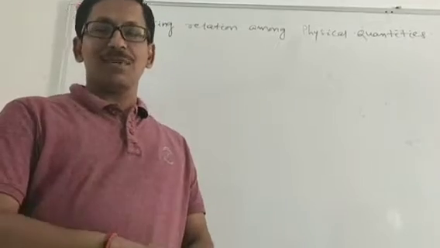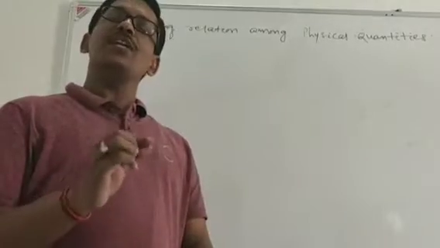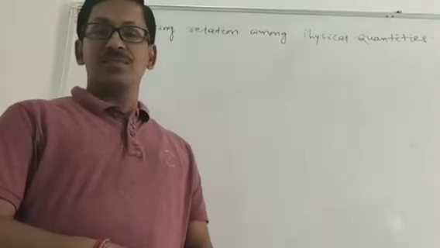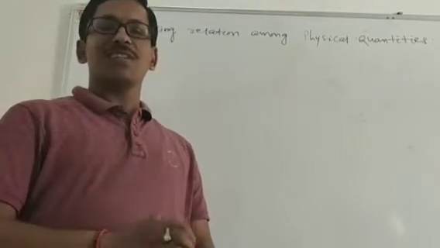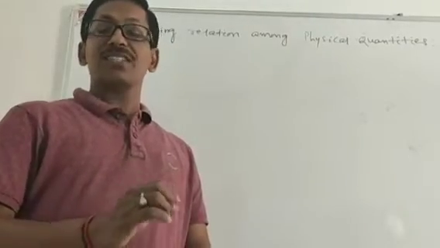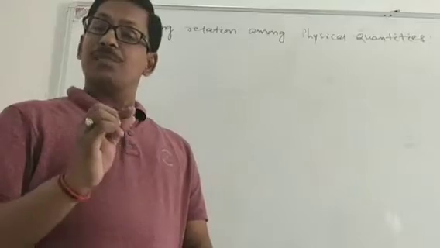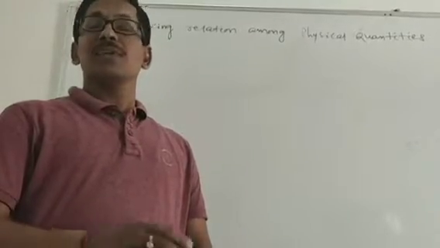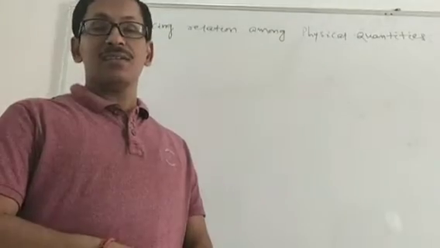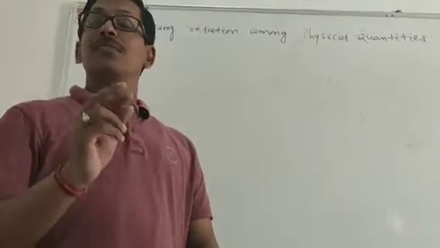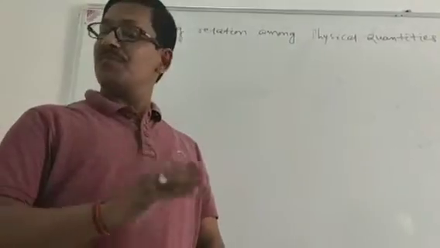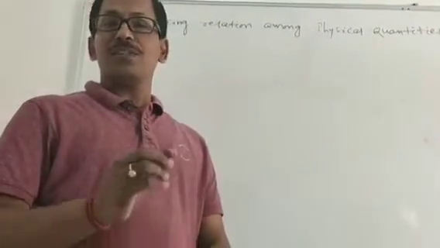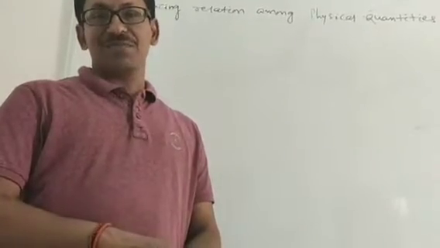You may take another example. Suppose the time period of a simple pendulum. Experimentally, it is found that the time period depends upon the effective length of the pendulum and acceleration due to gravity. But what are the powers of these two terms, that can be found from dimensional analysis.